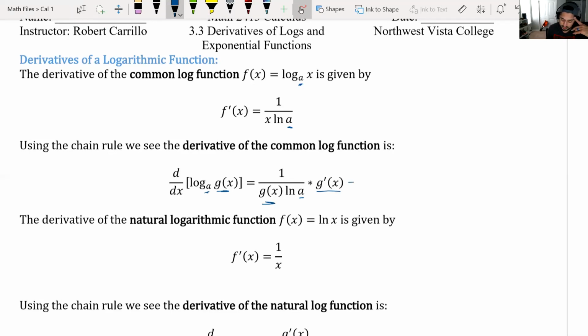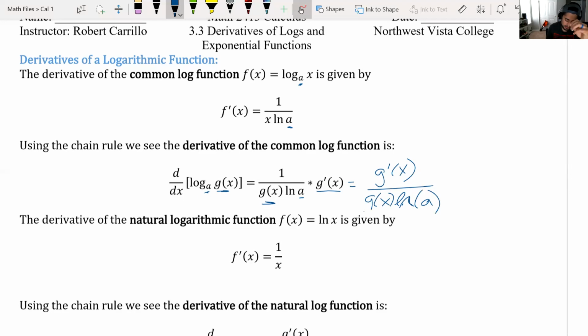Another way we could rewrite this is just as g prime of x over g of x times the natural log of a. Okay. So that's if you're doing the derivative of a common log function with chain rule as well.